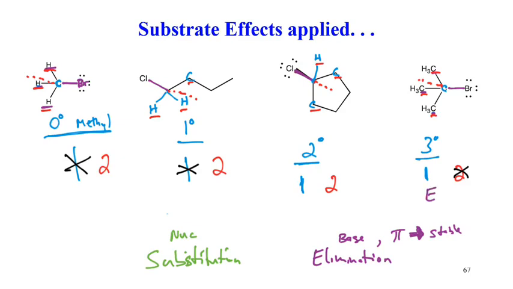Eliminations are going to be more prone in the secondary and tertiary. There's the potential at the primary, but it becomes difficult, and the elimination is impossible off of the methyl because there's not a place to make a pi bond.